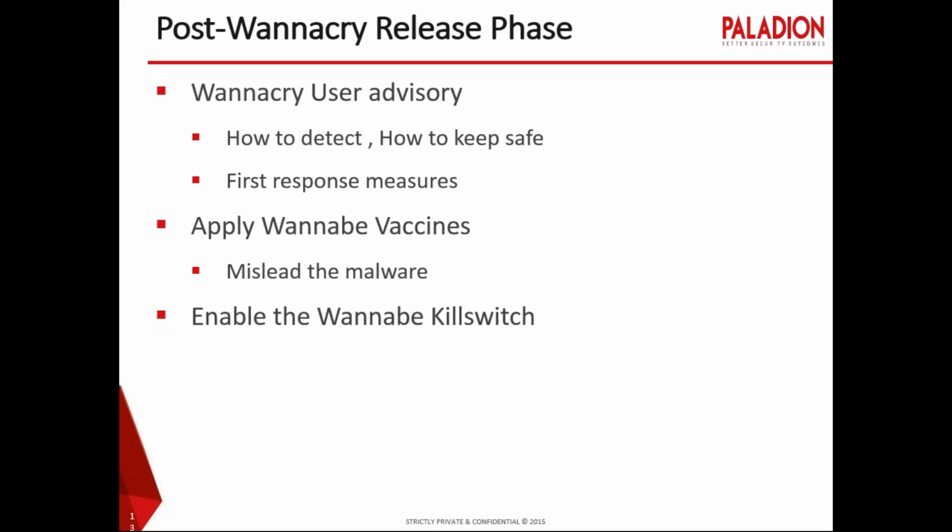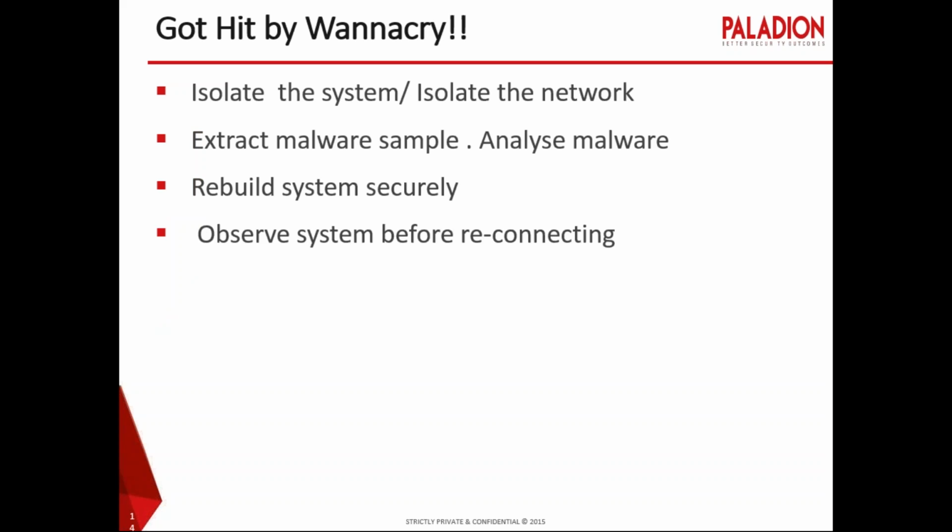In any case, it has come as a blessing in disguise for the users and security community. So the specific URLs which are related to the kill switch DNS, so that the users can access, serve as a relief for not encrypting the files. So these are the things that you could do if you have not done any of these already, to ensure that you can detect early and take remedial measures.